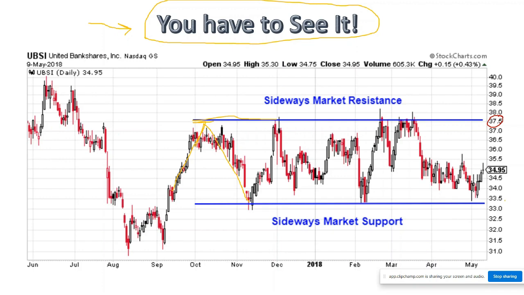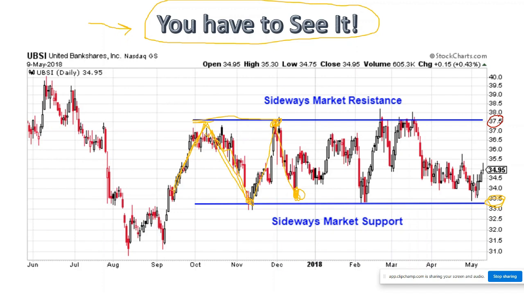Where's it stop at down here? $33.50. This is per share price. This is share prices. So when you look at the chart and you see a barricade here, and then it stops here, this is how you recognize sideways movement.